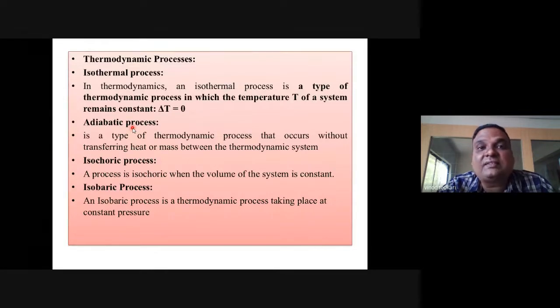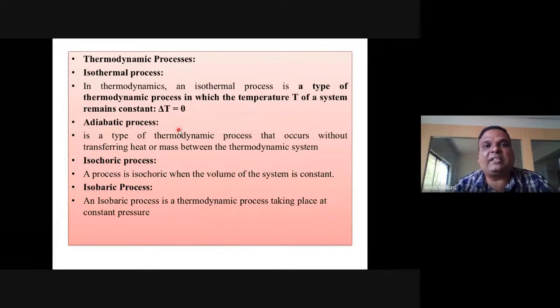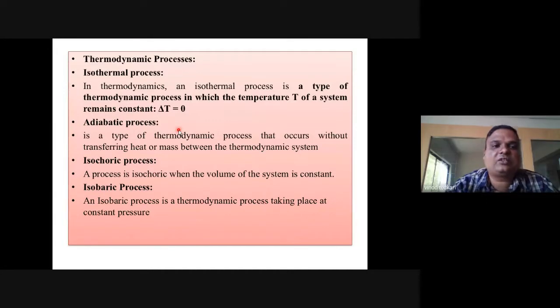The process in which there is no exchange of heat with the surrounding, if Q is zero, if there are no heat interactions between system and surrounding, is called an adiabatic process. It is a type of thermodynamic process without exchange of heat or mass between the thermodynamic system and surrounding. So what will be the value of Q for an adiabatic process? Q is the symbol for heat. Yes, Q will be 0.